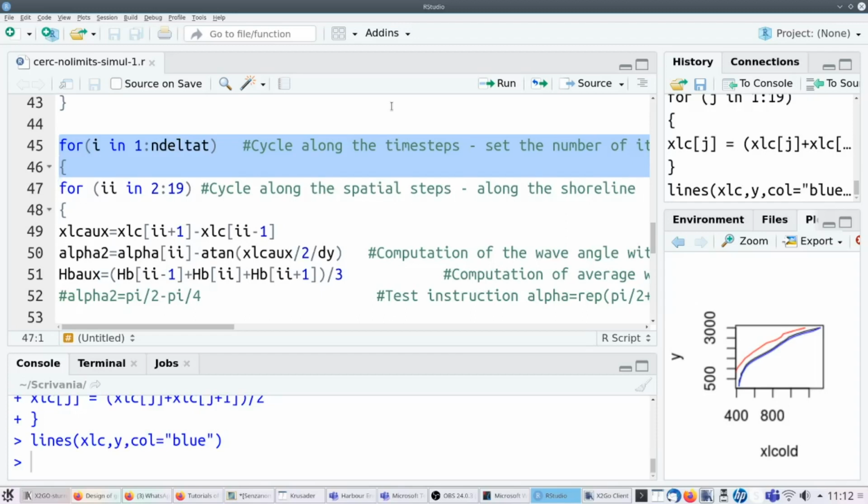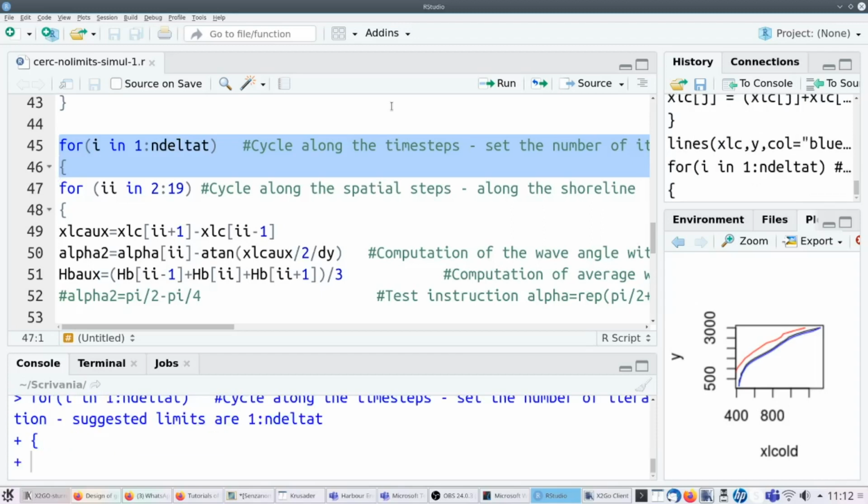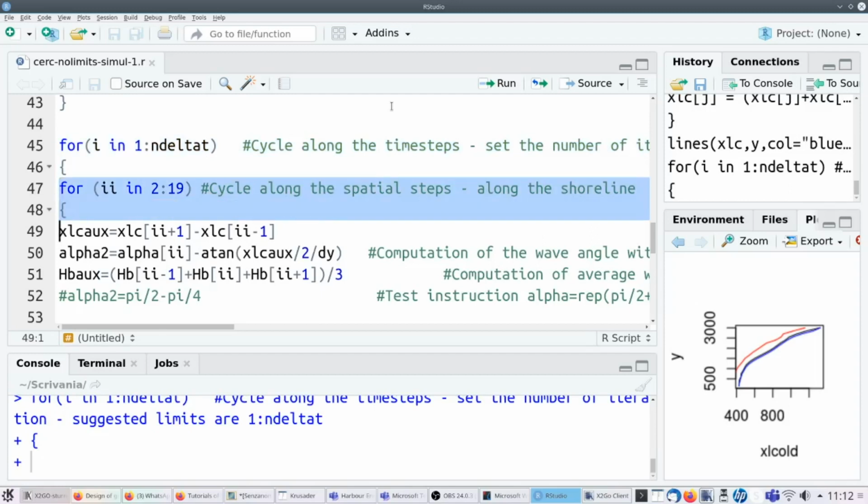Okay, so let's execute it. Okay, good. And then we have to go with the other for cycle along the spatial steps, along the shoreline.